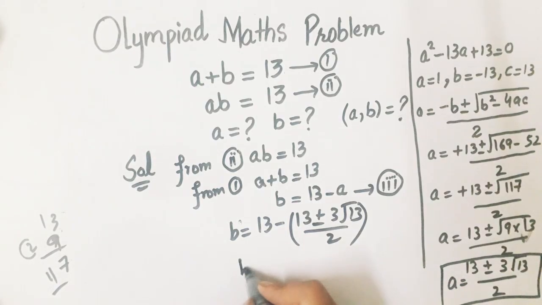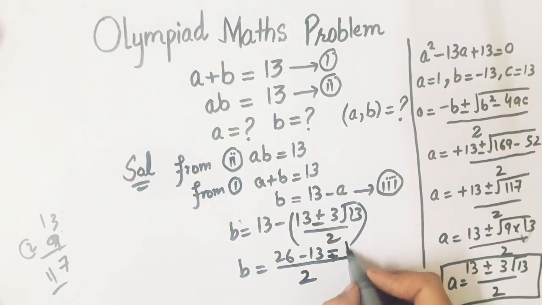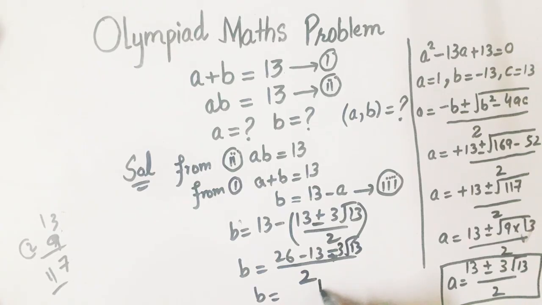So we get b equals, taking the LCM, 26 minus 13, minus plus, signs are opposite, 3 root 13. So the value of b will become 13 minus plus 3 root 13, divided by 2.